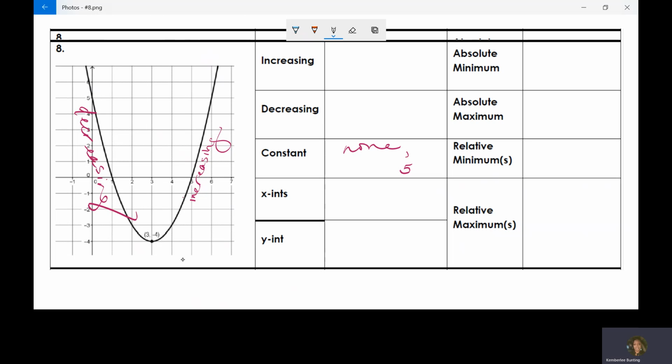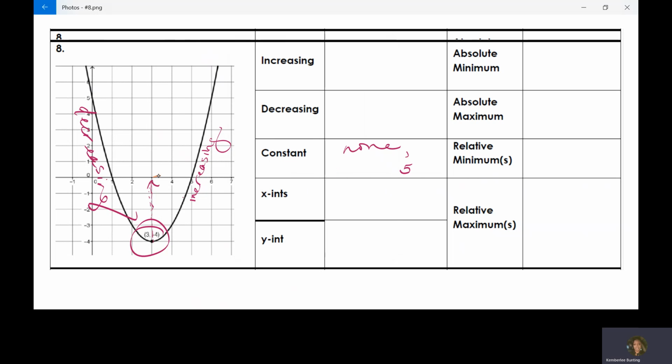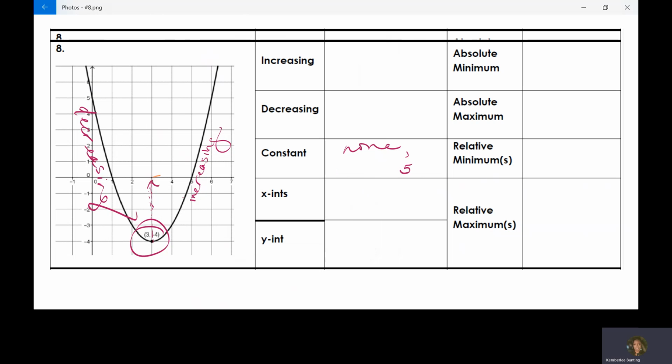Like put your finger on the point where the thing starts to go up. 3, -4, that's the location, right? Now, from that point, I'm gonna shimmy up to the x-axis because they may not give you the coordinate. I know that this is going to be the starting point of my interval, right? And it's going to start there and go out this way.